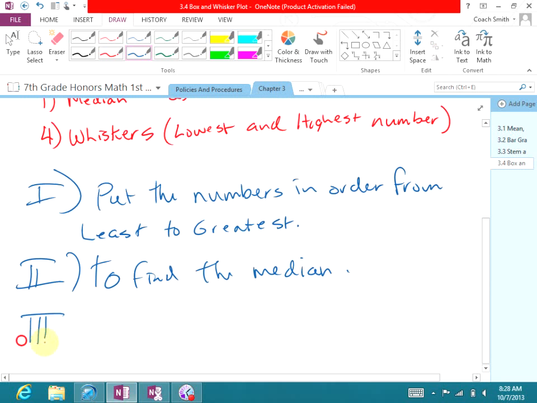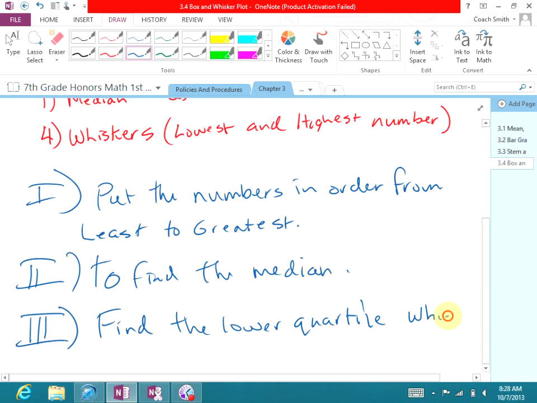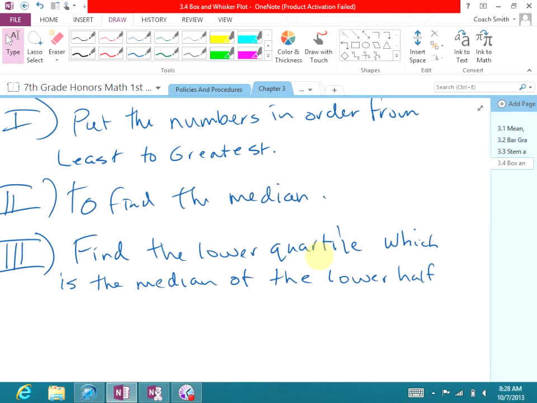Third step is find the lower quartile, which is the median of the lower half of the numbers.